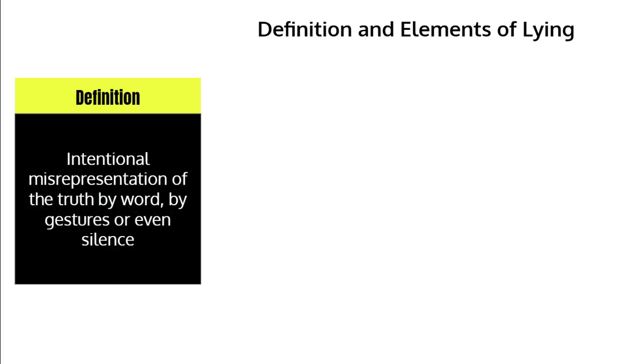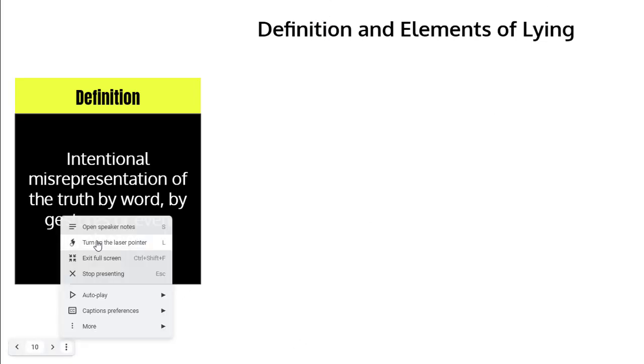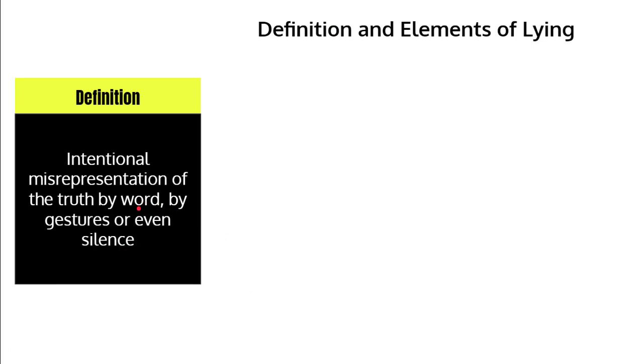So, let us begin by defining and trying to understand the different elements of lying. So, when we say lying, it means intentional misrepresentation of the truth by word, by gestures, or even by silence. So kapag tiningnan natin ang definition ng lying, related pa rin siya sa truth. Okay?